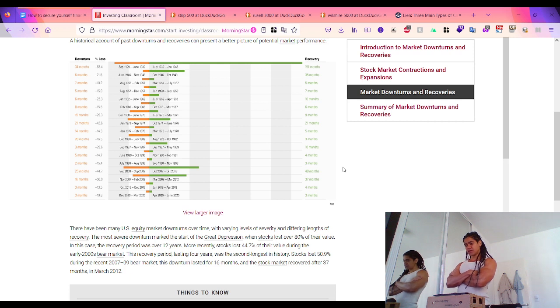Stocks lost 50.9% during the 2007-2009 bear market, or the banking debt crisis, and this in turn lasted for 16 months, and the stock market recovered after 37 months in March 2012.